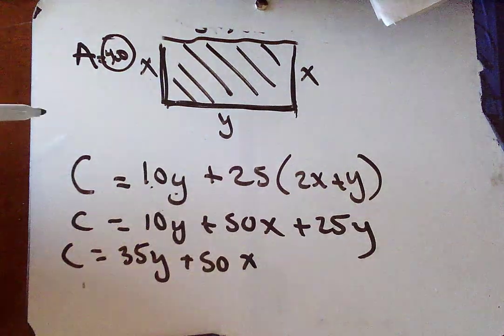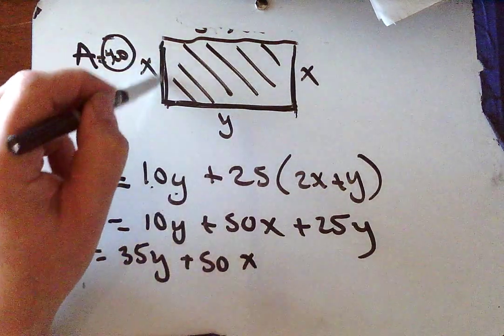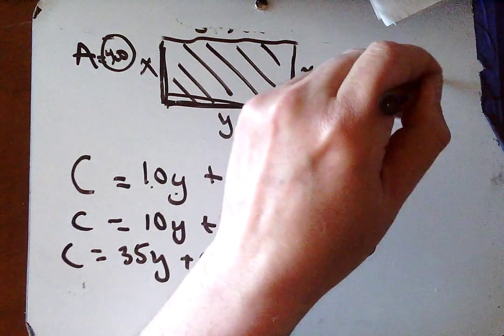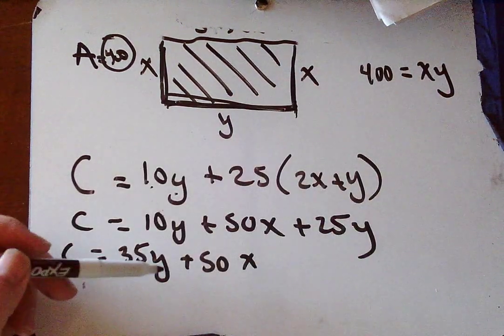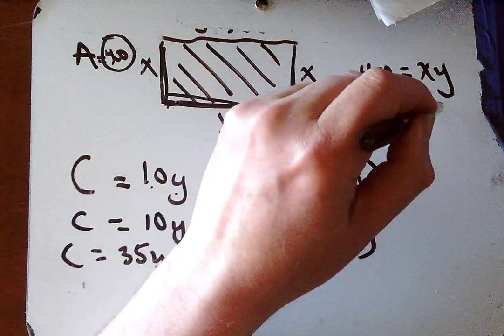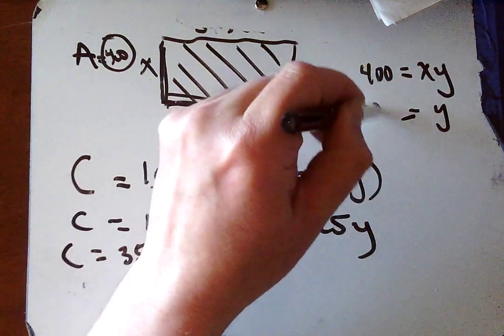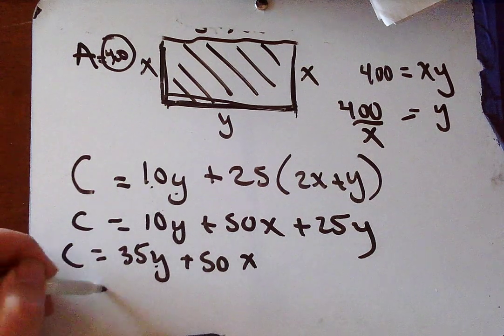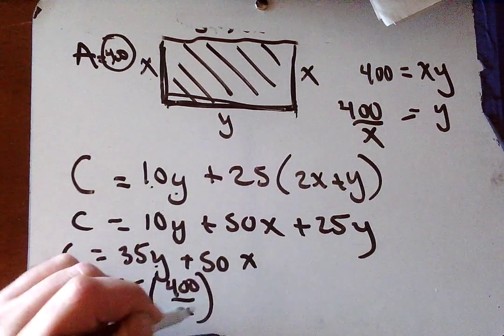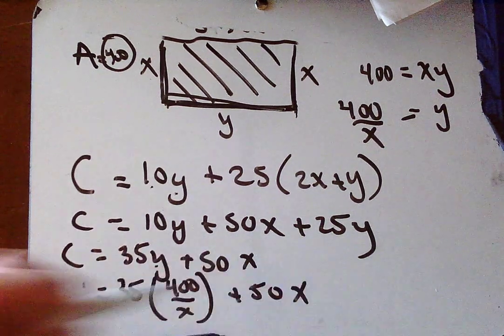I know that the area is 400, and I know that area of a rectangle is length times width. So 400 equals xy. I'd like to get rid of y for no good reason. So I'm going to solve this equation for y, 400 over x. So we've got 35 times 400 over x plus 50x.